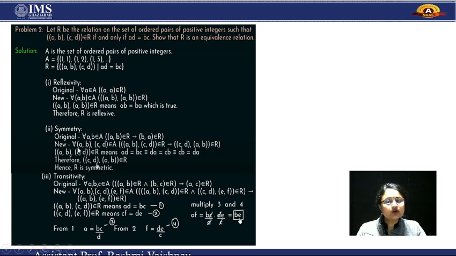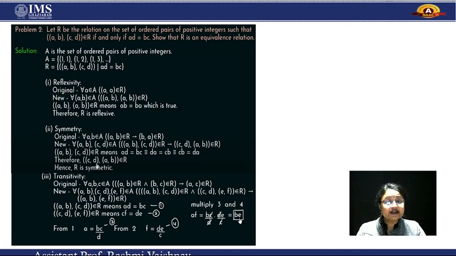We can conclude for all values of A and B and CD, that AB, CD belongs to R, which means the first and fourth element multiplied is equal to the second and third multiplied. After that, we conclude both parts are the same. After this calculation, CA has been equal, so we can conclude that R is a symmetric property. Okay, now move to the transitive property, which is the last property.